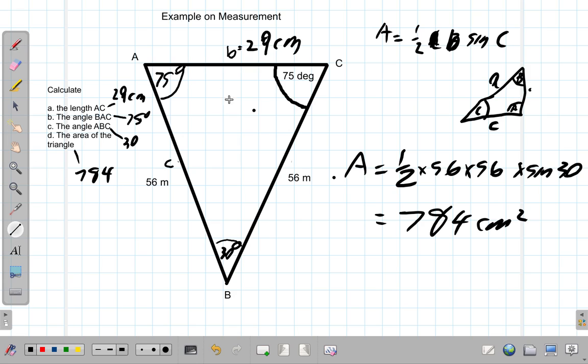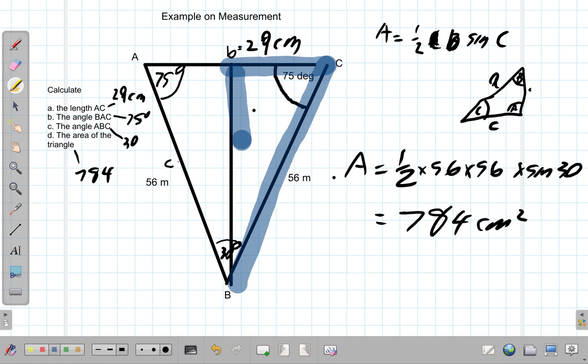Suppose we try another way to calculate the area of a triangle. If we consider this triangle here, you can see it's a right angle triangle. It's turned upside down though. If this is 29, half of 29 is what? 14 and a half.